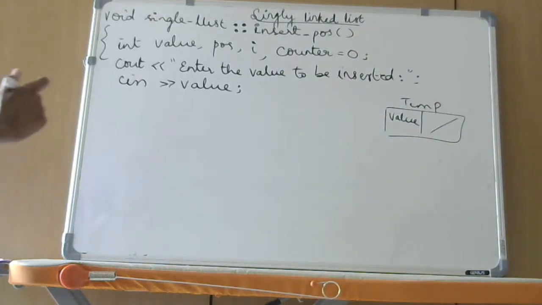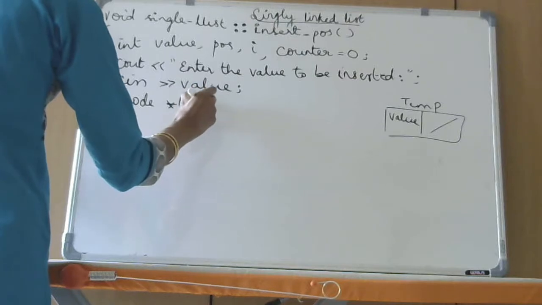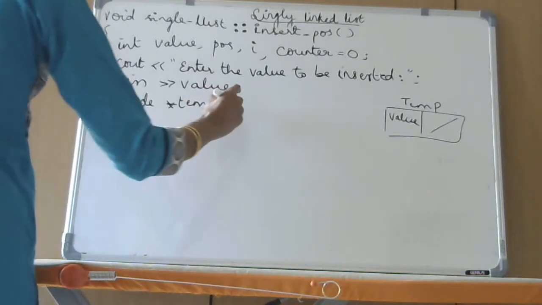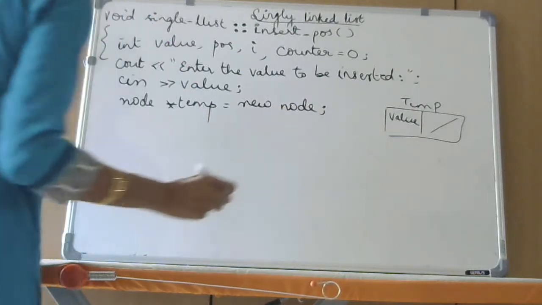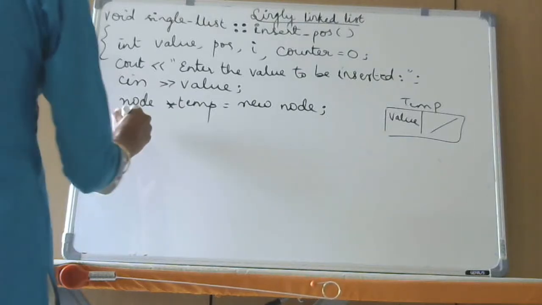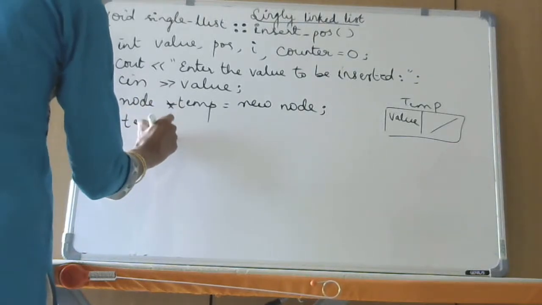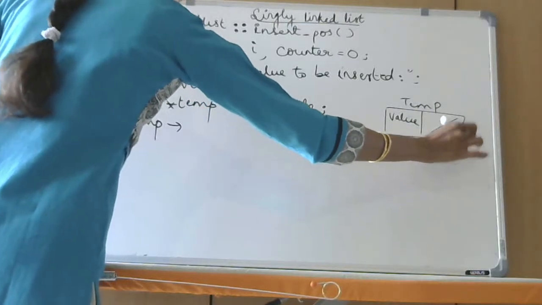So how do I code that? I will take node star temp is equal to new node. That means we are using new so that it allocates the memory to this value. Then temp of data, we have two fields. This is my data field and this is your next field.